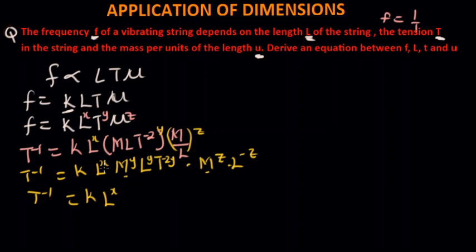So L, this is positive X, then plus Y, and then here L is negative z. Then we'll have M. M is here, and M is here. So this is y plus z, and then we have the last one, that is T. I think T is only here, with a dot like multiplication, T to the power -2y.